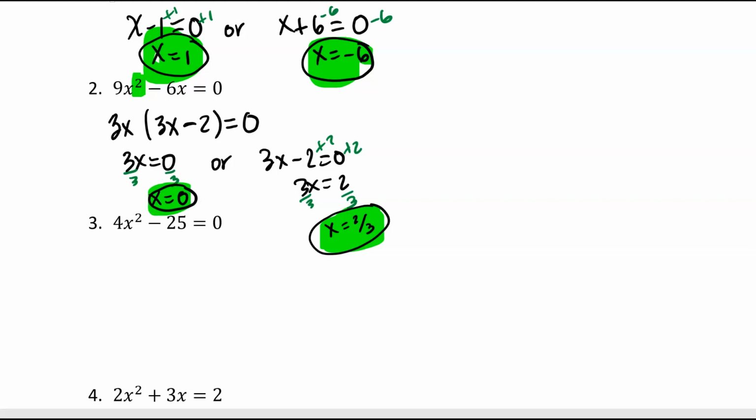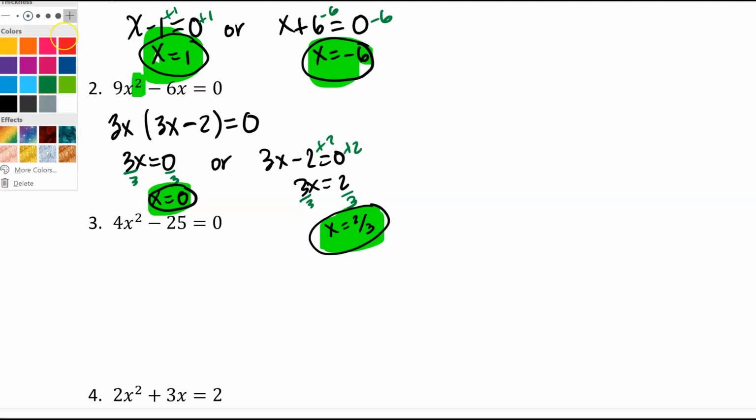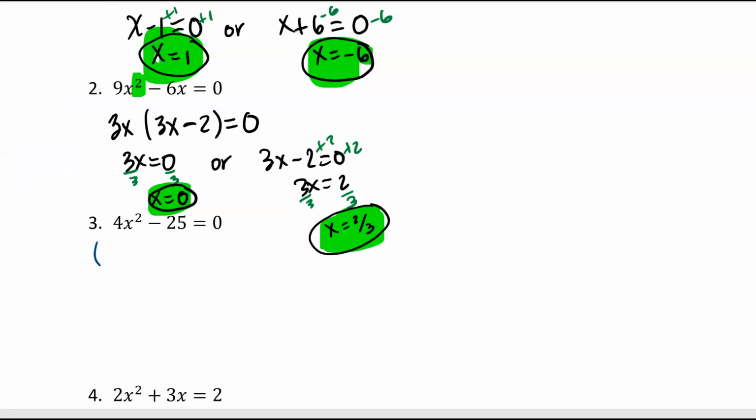Moving on to number 3, we have 4x squared minus 25 equals 0. Notice that there is no GCF for this problem. So we're going to figure out what else we can do to this problem. It is a binomial, and notice that it is a difference of squares.